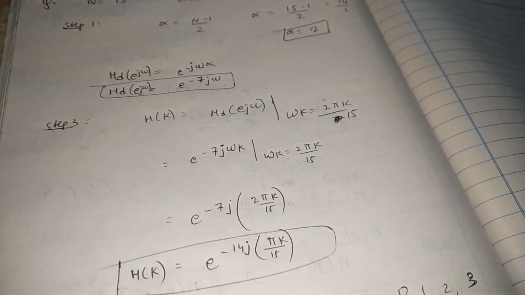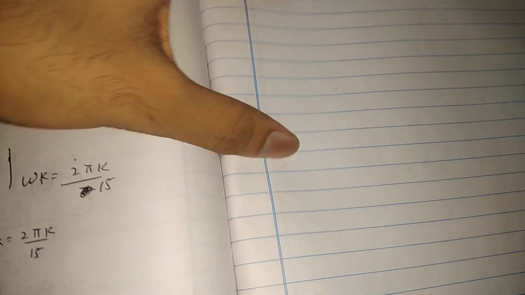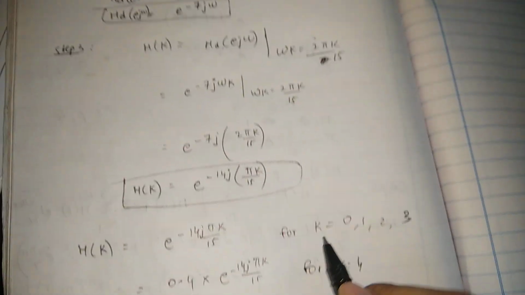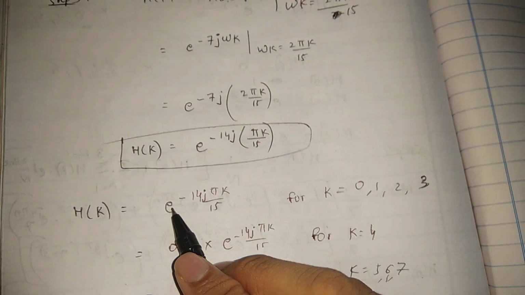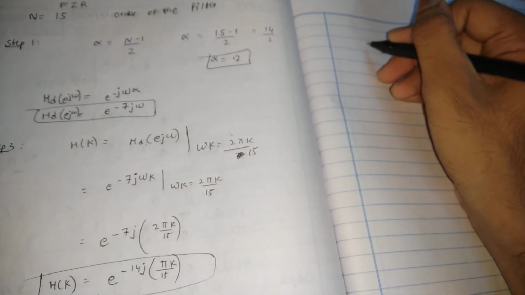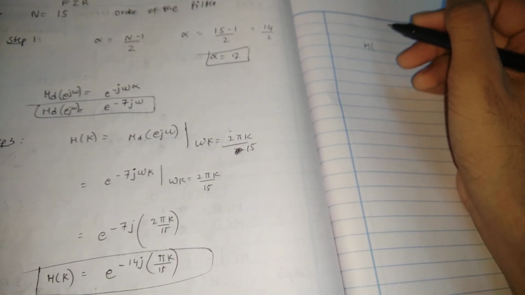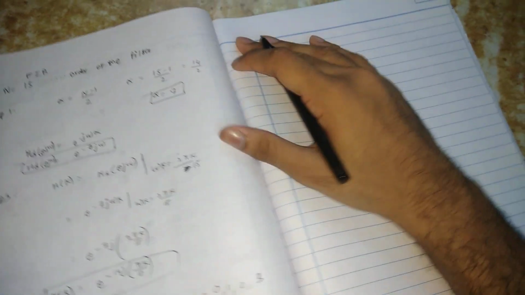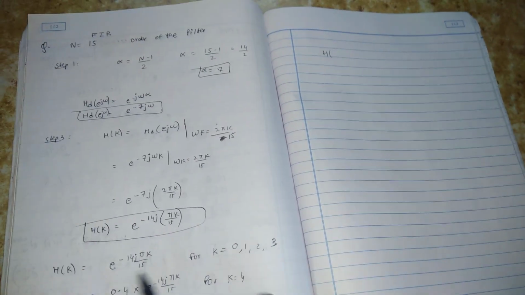Okay, so we are done with step number 3. Now we will move towards step number 4. Before that we will just substitute the values. For k is equal to 0, e raised to 0, what will that be?